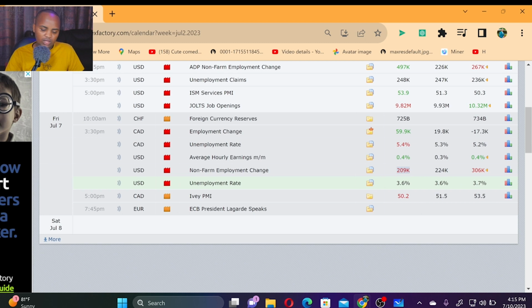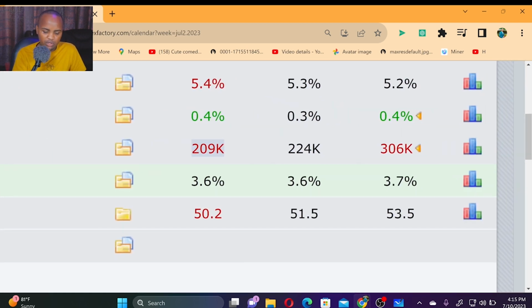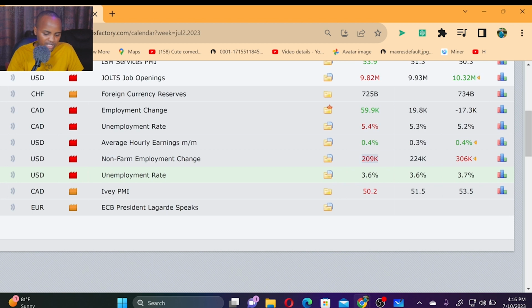Now, as you can see on the USD, how do you know that something is going to happen? For example, on the NFP, the prediction was 224. So analysis was already done, and the NFP was expected to come down. We expected the dollar to have a negative impact in terms of the NFP.